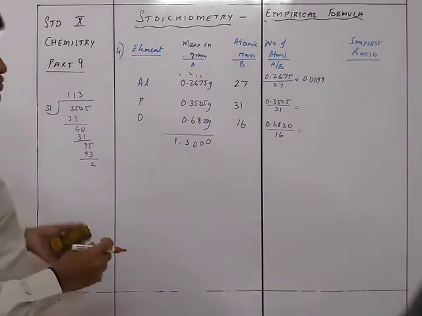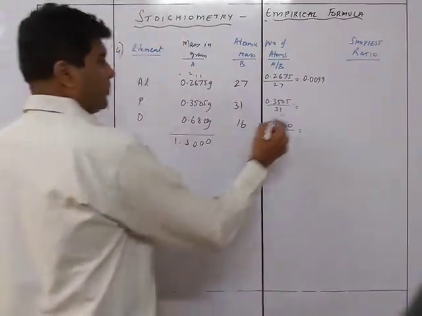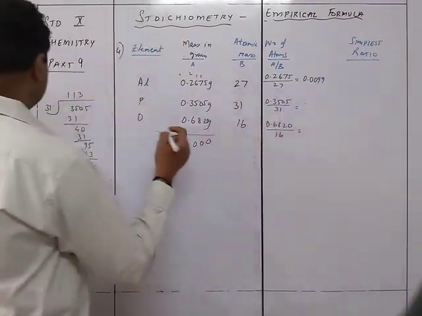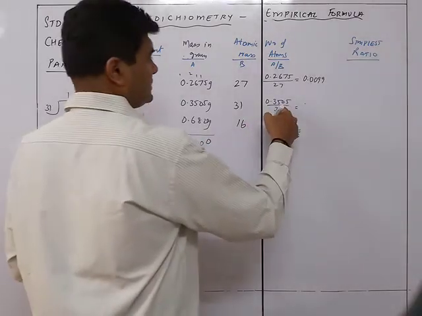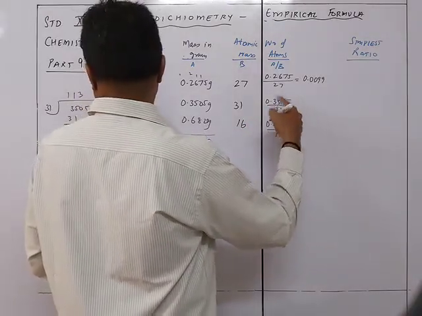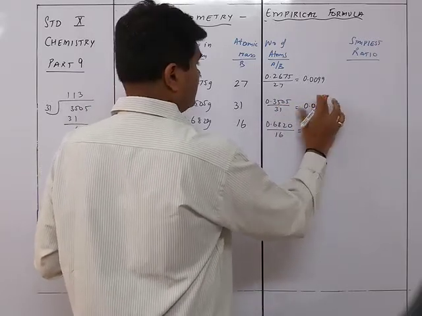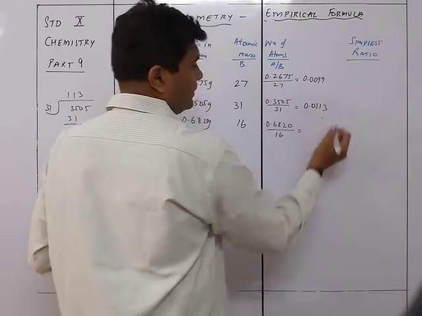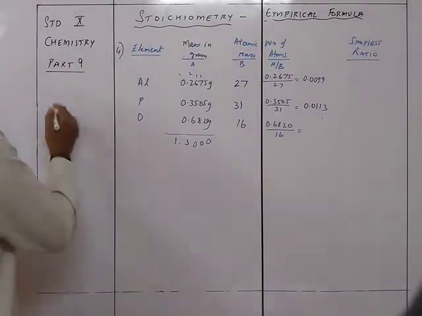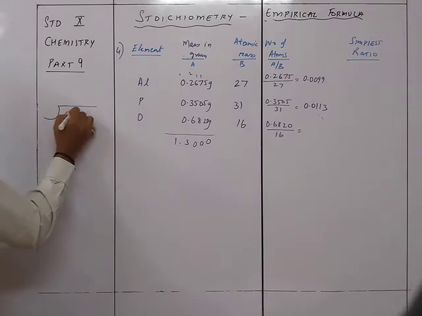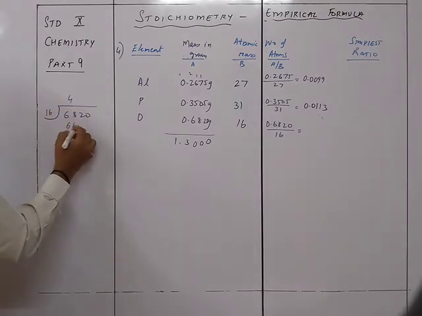Then this upon 1000, so that will be 0.0113.